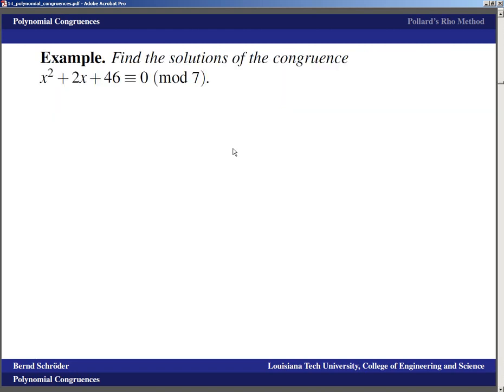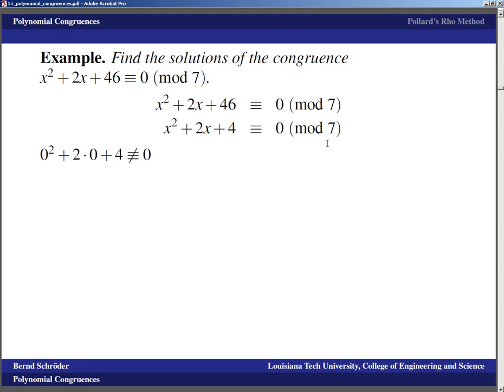Well, let's first take a look at a simple congruence modulo 7. x squared plus 2x plus 46 equivalent to 0 modulo 7. Well, 46 modulo 7 is 4, right? So that's x squared plus 2x plus 4 equivalent to 0 modulo 7. And now we just check. If we plug in 0, we don't get a multiple of 7.